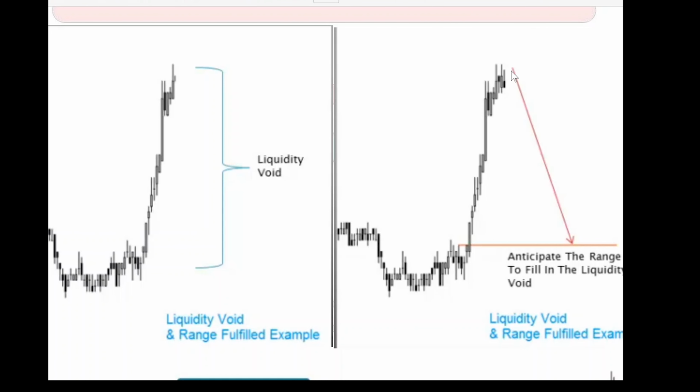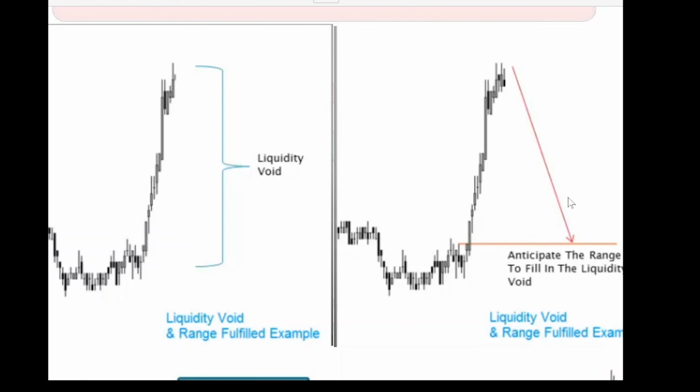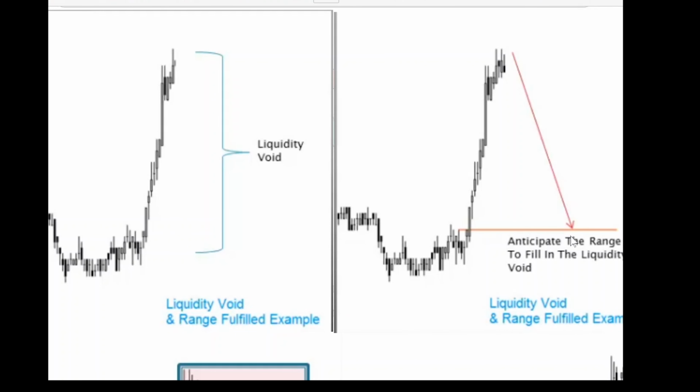And then definitely institutional traders will say, no, retailers are buying, we are going to sell, because anytime retailers buy, institutional traders sell. So they are also going to look for the pair to come in to grab this liquidity and fill this liquidity range.